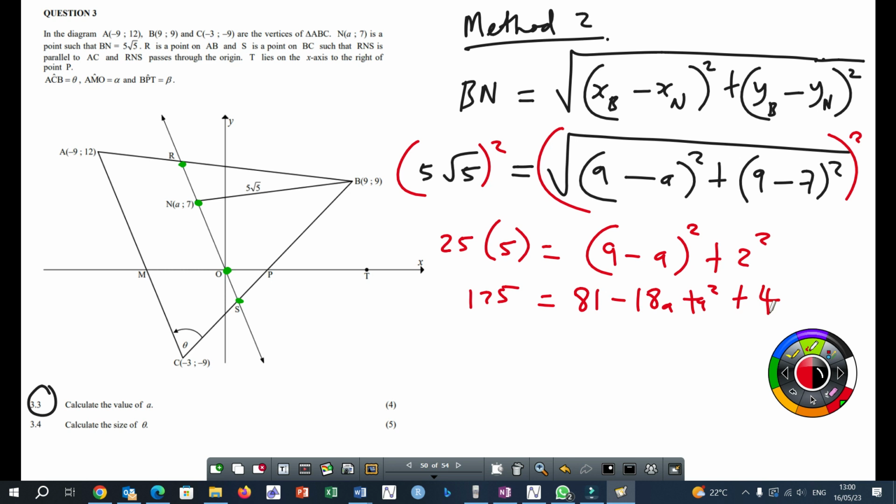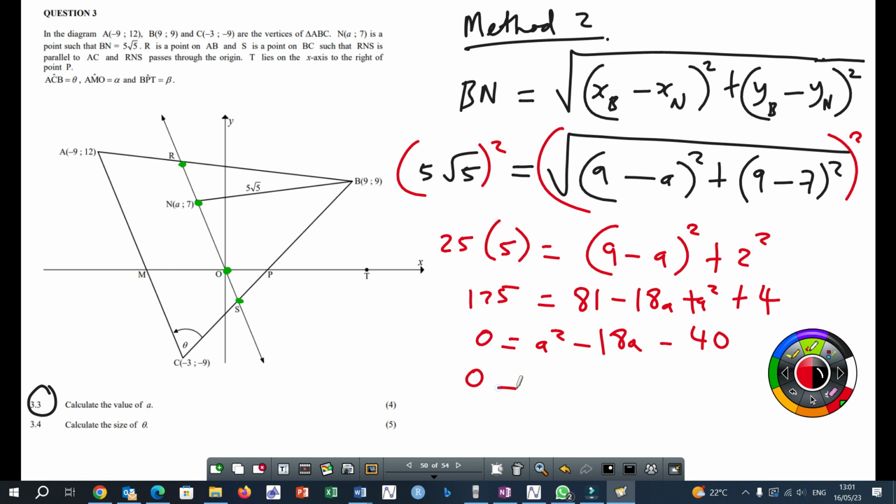So that will be 0 equals A squared minus 18A plus 81 plus 4, that will give me 85. So if I take the 125, I'll get minus 40. 85 minus 125 is minus 40. So this is fine.